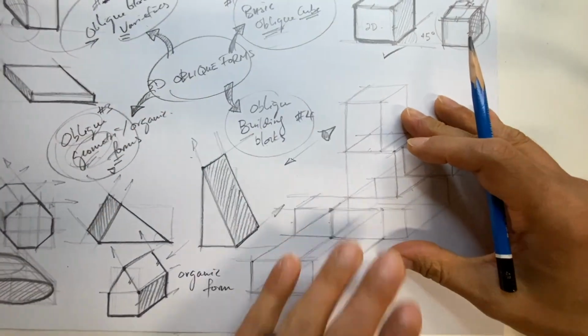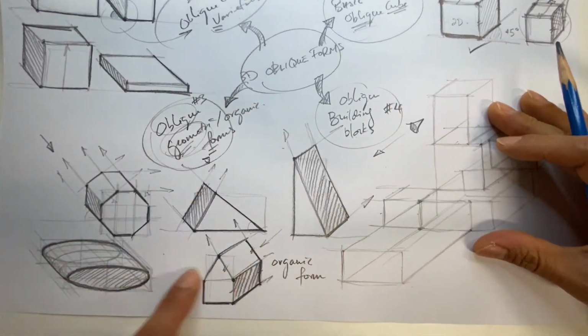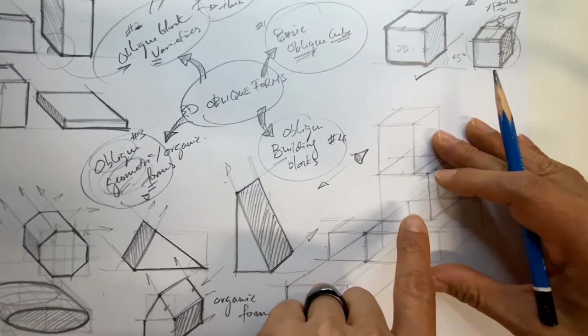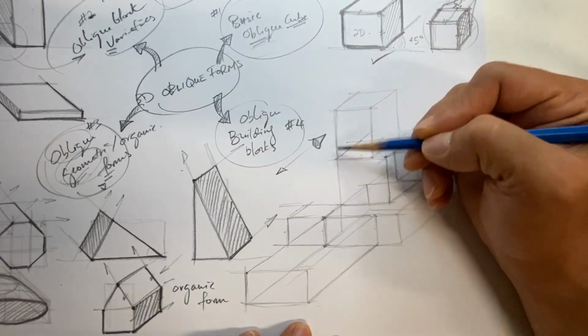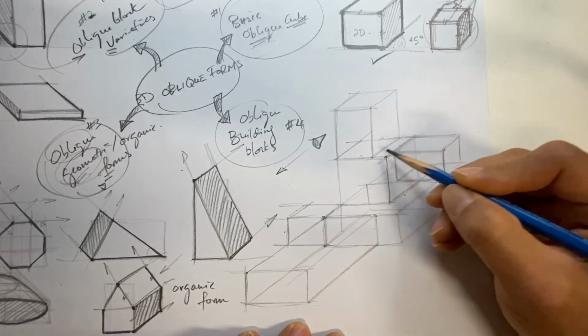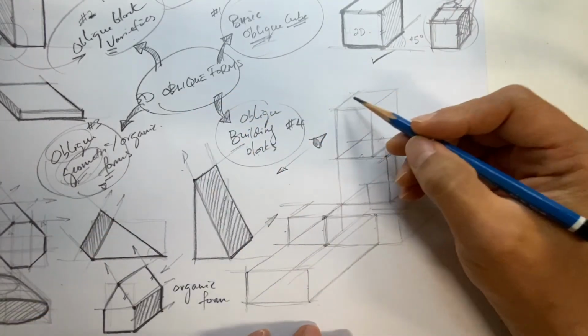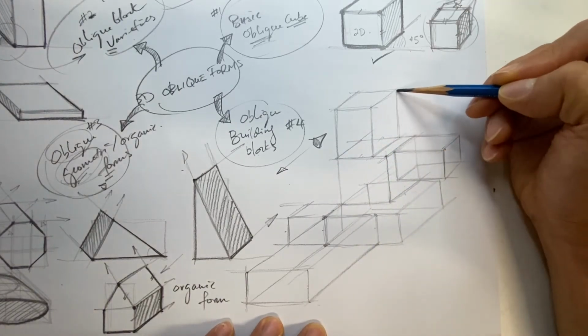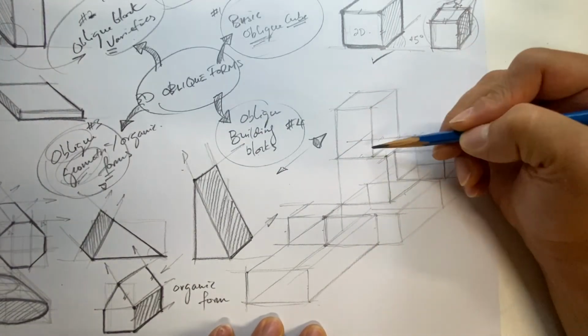Now once you have blocks established, you can draw some geometric shapes and convert them into geometric forms, and then you have a variety of geometric forms and organic forms, and we combine everything together, you have an ultimate organic oblique structure.